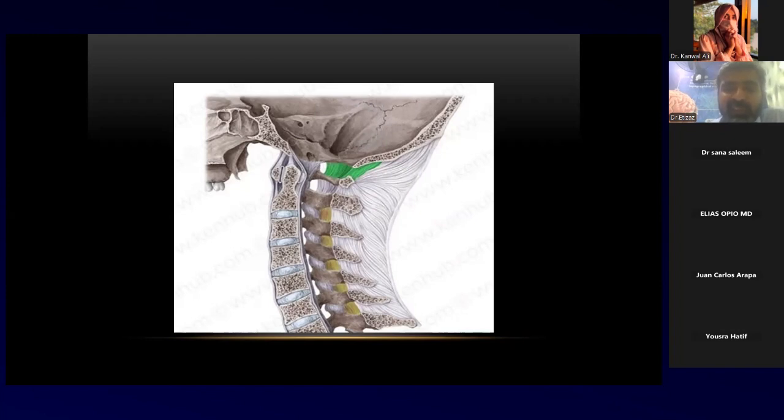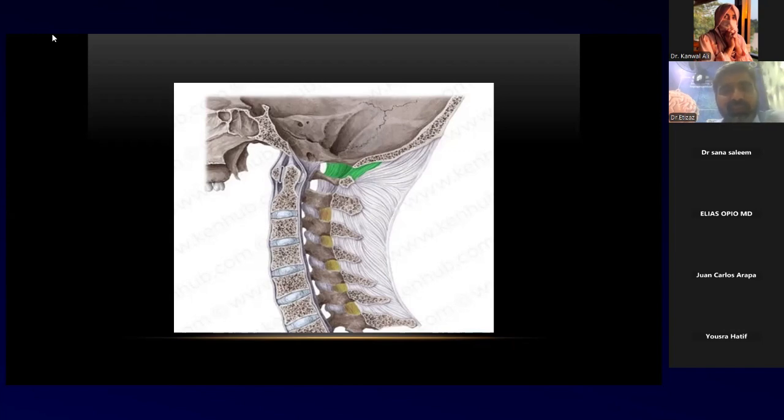When the ligaments become injured, then there are a lot of problems in the craniovertebral junction. Most craniovertebral junction injuries are because of the ligamentous part. On the basis of the ligaments, we decide that this is a stable fracture, this is an unstable fracture, this is a stable injury, and this is an unstable injury. So this is the main thing.